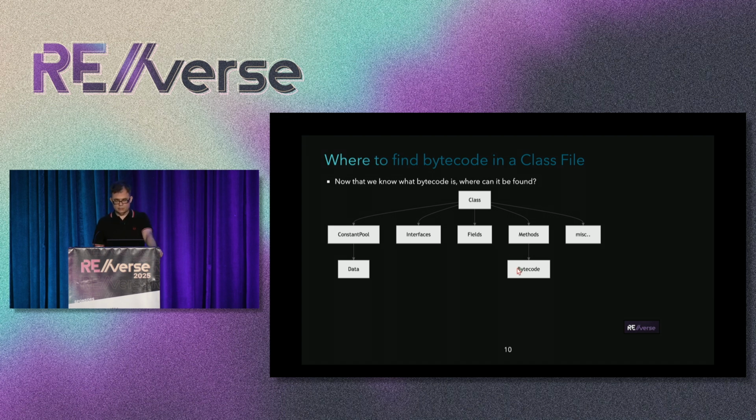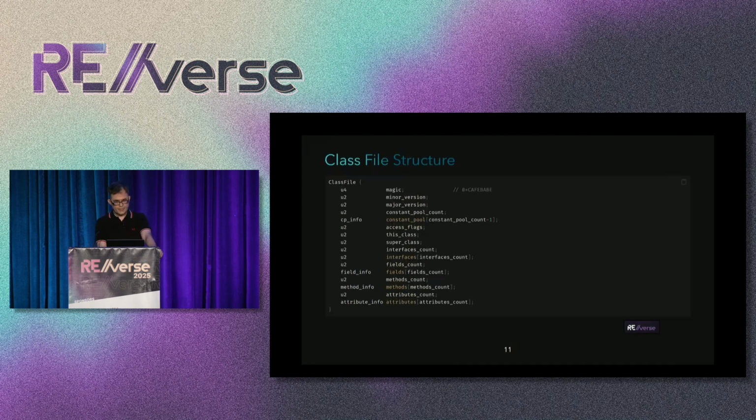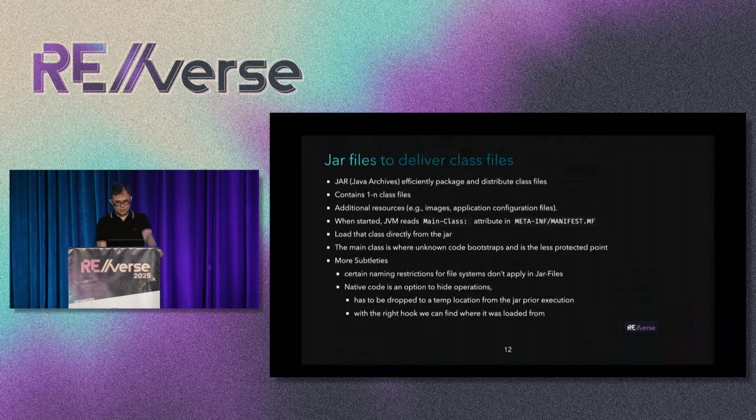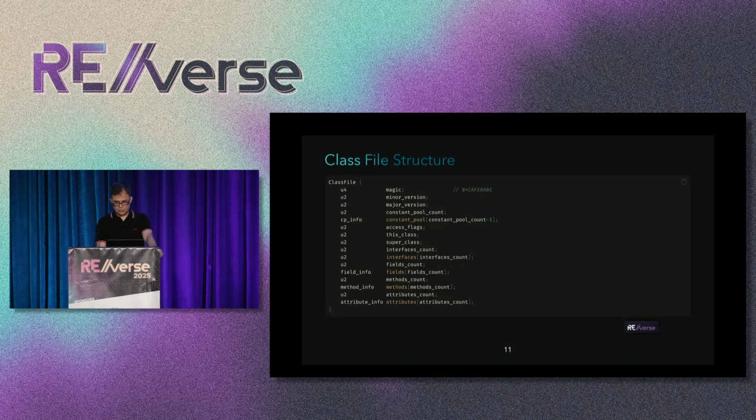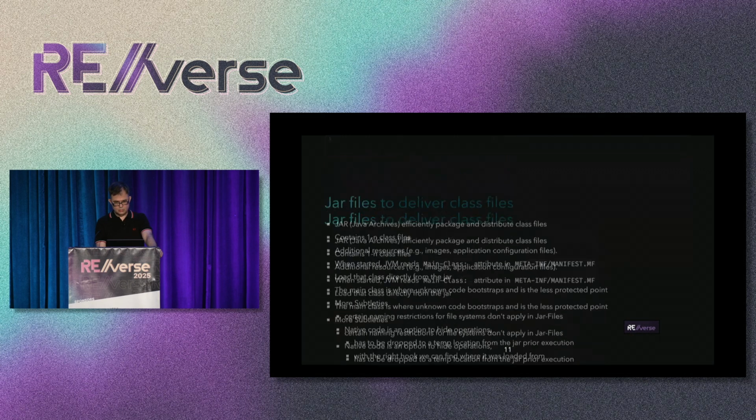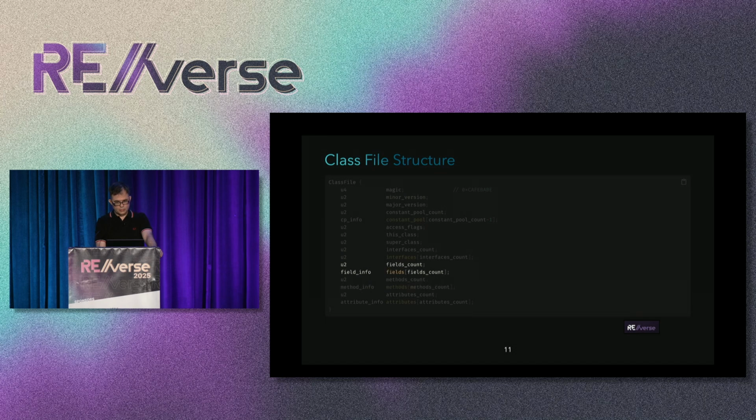And in the methods, we have a code section. In the code section, there is the bytecode. The bytecode is here in the method section.